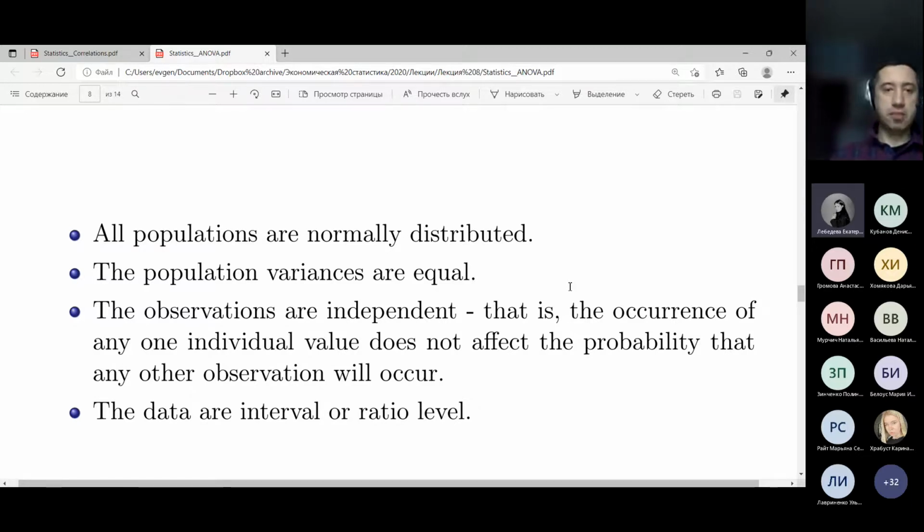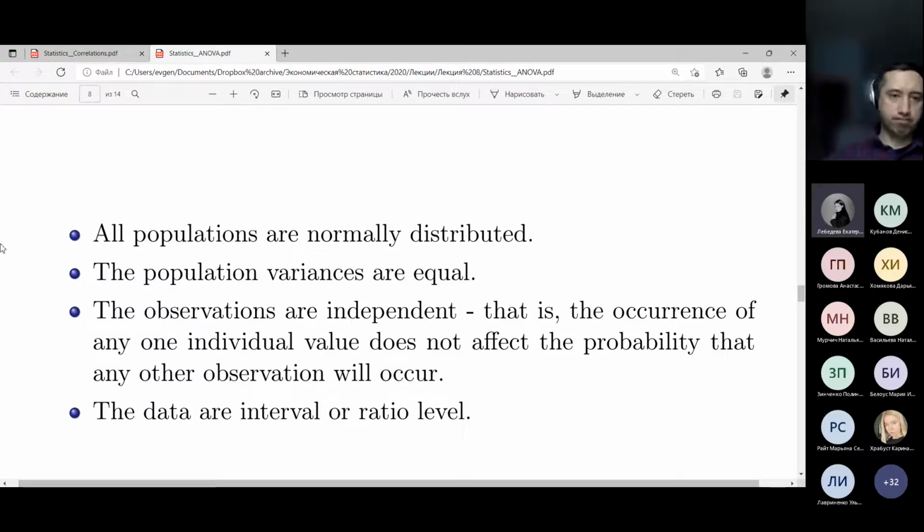For example, if in our task I state that these stores are located close to one another, you can say that, okay, our sales cannot be independent. And for sure, the data are interval or ratio level. As we deal with continuous variables, we cannot apply ANOVA for proportions or other variables.